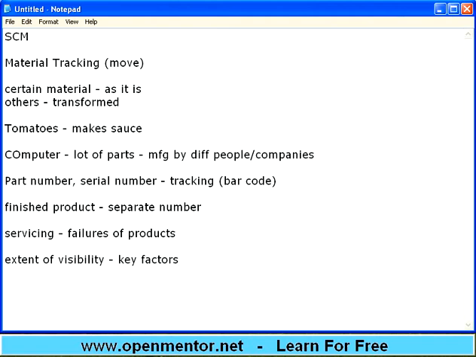Where is it? Right? That kind of tracking is done by a lot of global companies. The reason they track is that it helps in servicing, and it helps in preventing further mistakes. So material tracking is one of the areas that is very important in supply chain management.